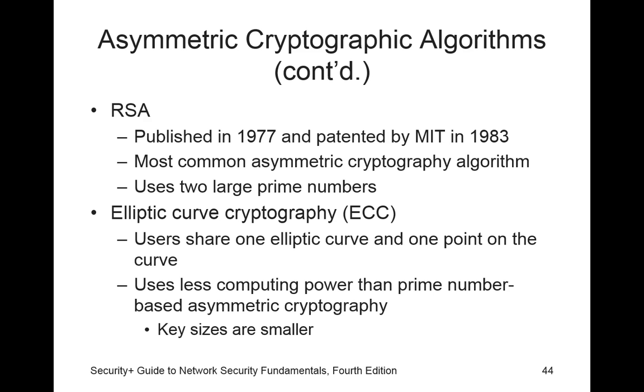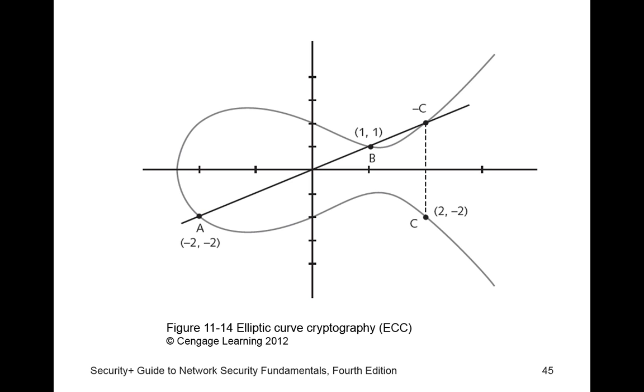Some of the best ones are RSA. Then you have ECC, or elliptic curve cryptography. So you find a spot there and figure out where along this line you're going to be.